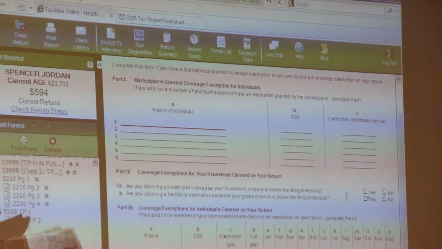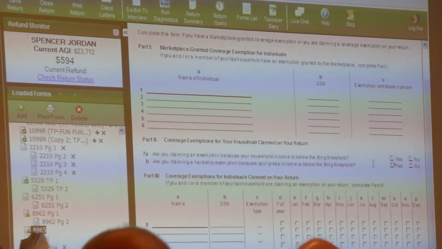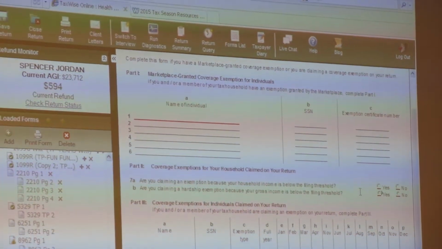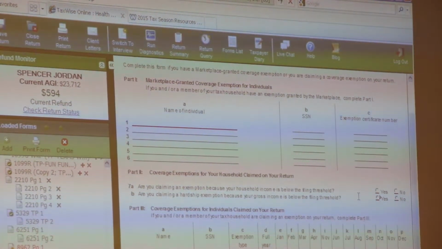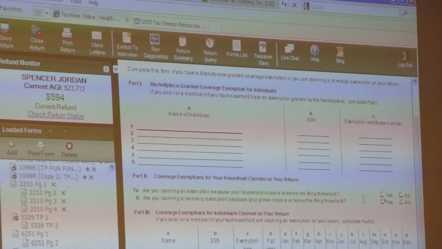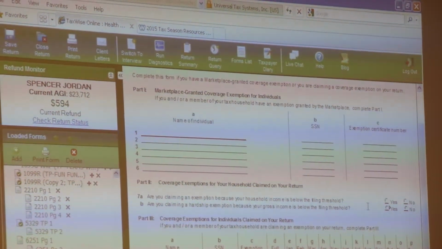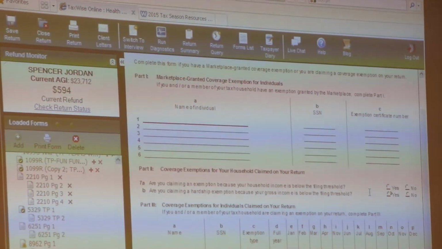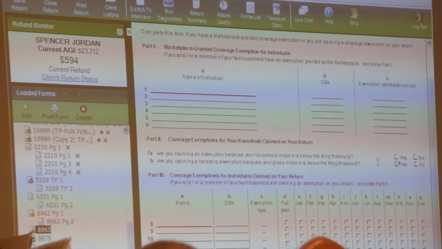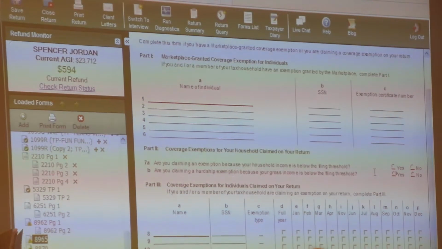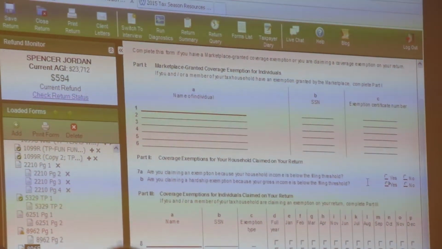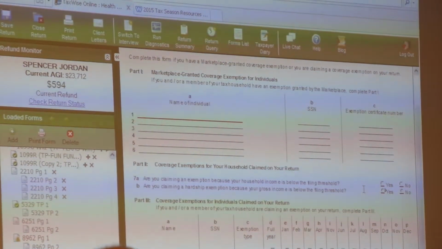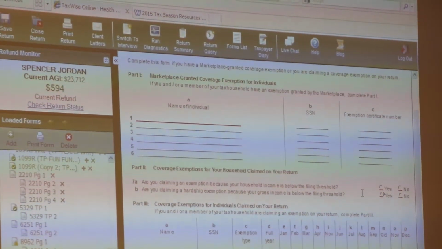So household income here is AGI plus tax-free interest and foreign income, that the majority of our clients don't have. So for the most part, household income for our clients is going to be AGI of the primary and spouse plus MAGI of dependents on the return.